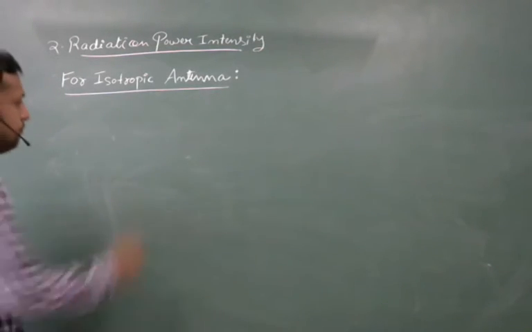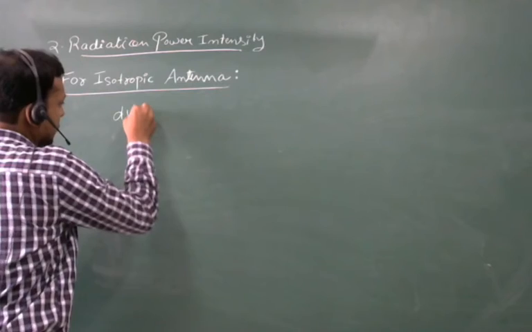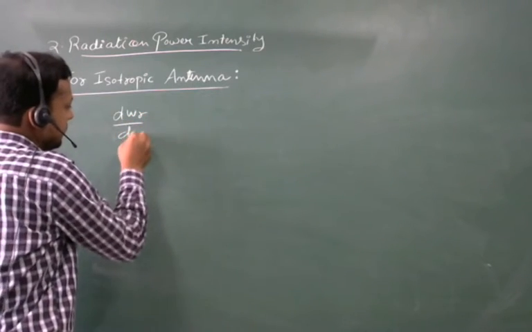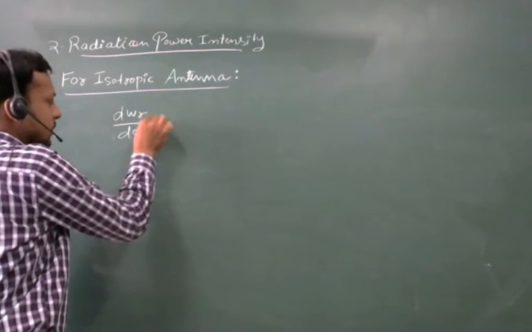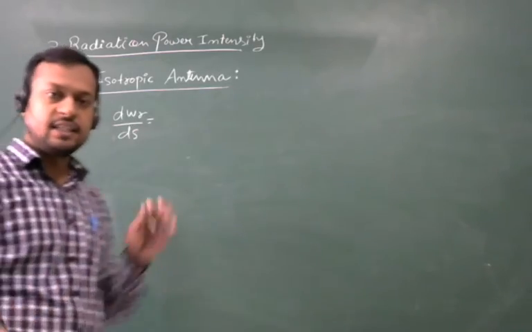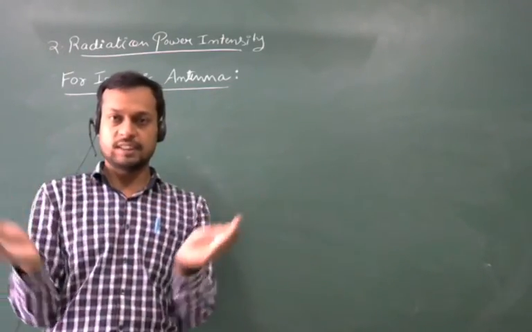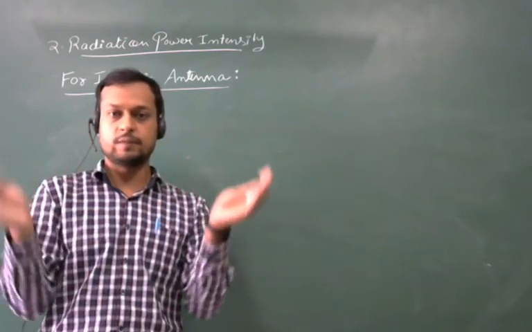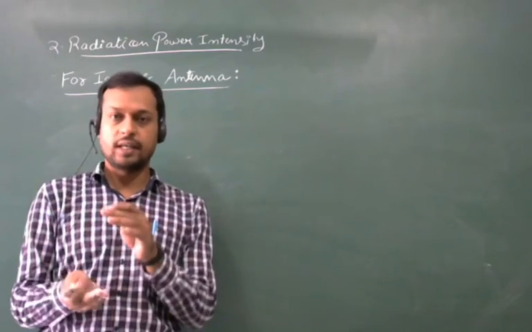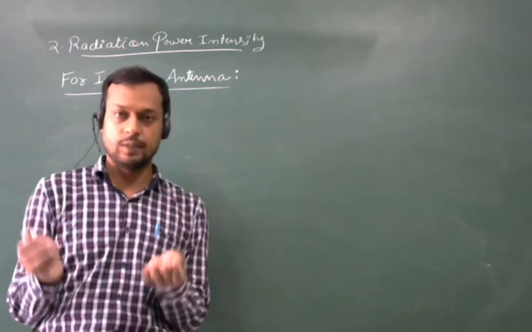So power density, that is d omega upon ds. An isotropic antenna radiates equally in all directions, that is, over the total surface area of the sphere.